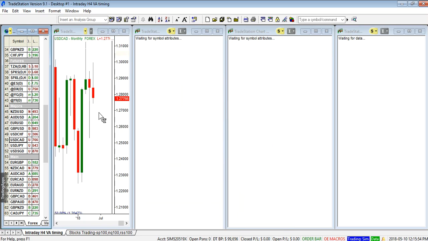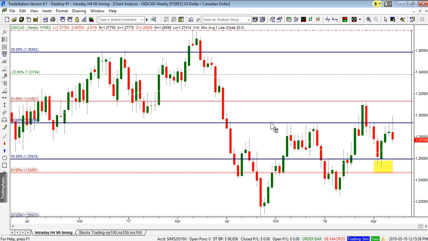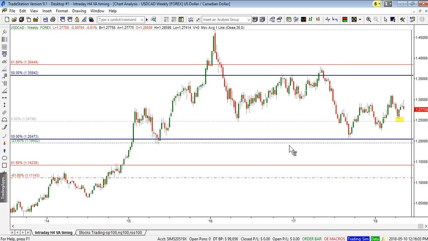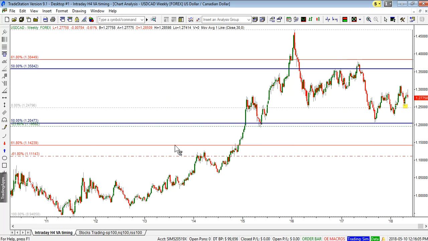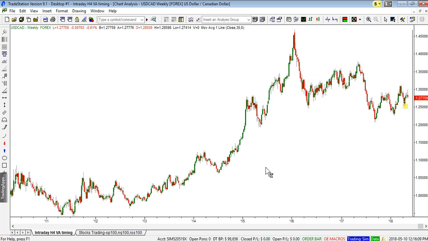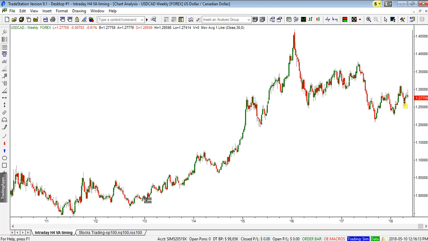Here's why Canadian dollar is trading a 50% short here. This is a large 50% short. You will remember that this is a very technical market on the larger time frame, a little bit less on the smaller time frames, but enough for us.